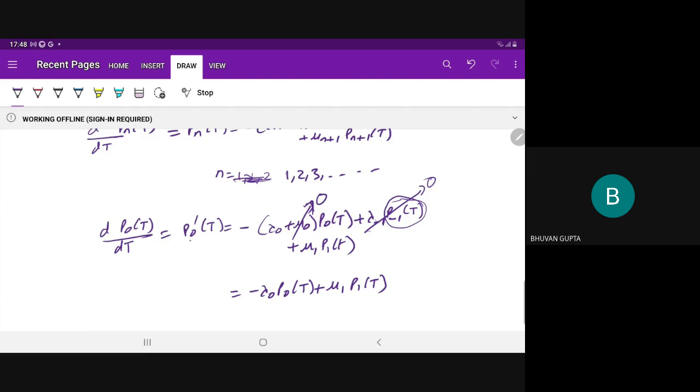Right? So for the 0, we have this equation. For the 1, 2, 3, and so on, we have this equation.